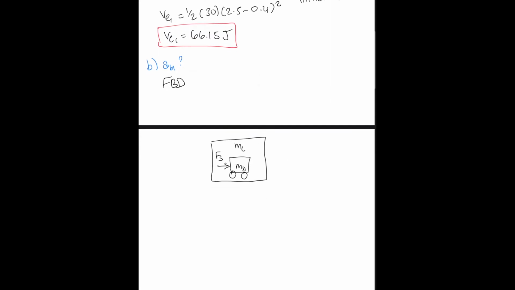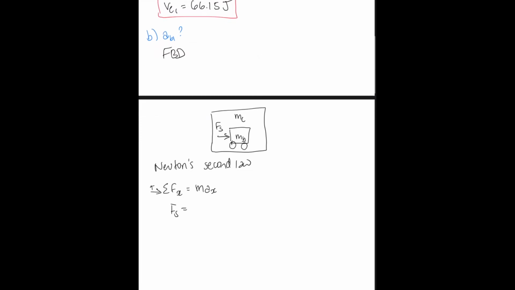And now we're going to use Newton's second law. We've got the sum of forces in the x direction is equal to m a_x. We know that the force that the spring applies onto the box is mb, the mass of the box, multiplied by the acceleration of the box.